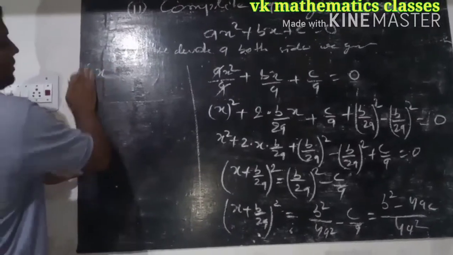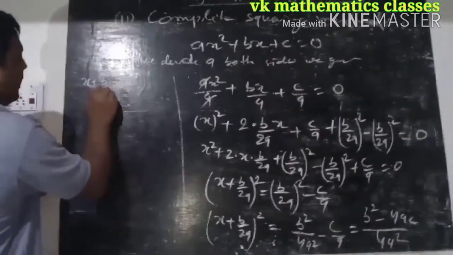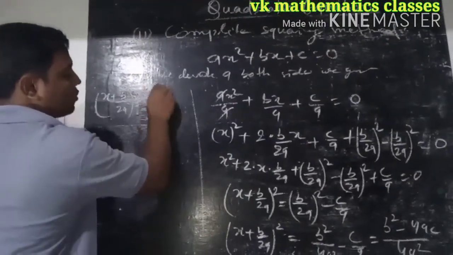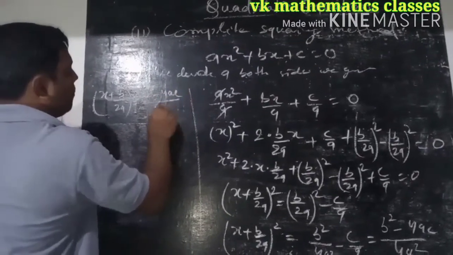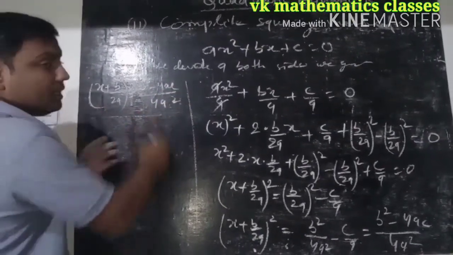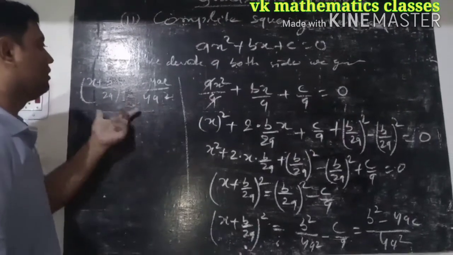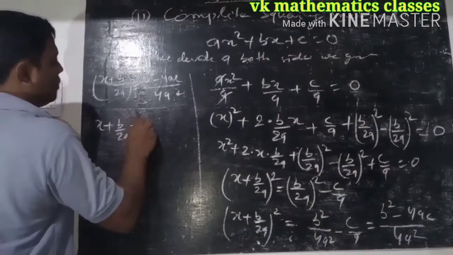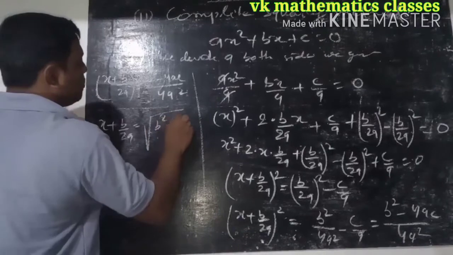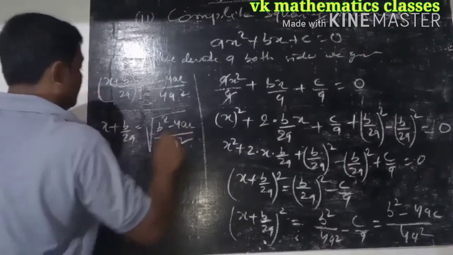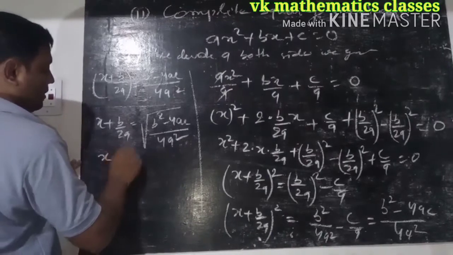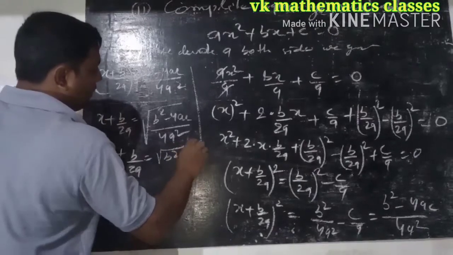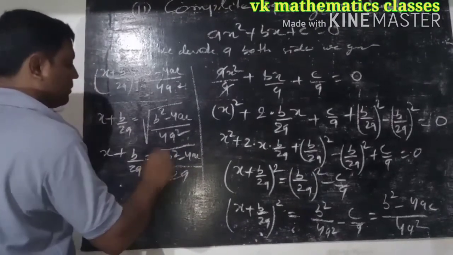So (x plus b by 2a) whole square is equal to (b square minus 4ac) by 4a square. This is the complete square method, that is x plus b by 2a is equal to root under b square minus 4ac by 2a, with plus minus also written.